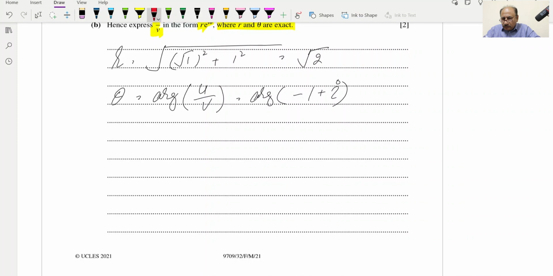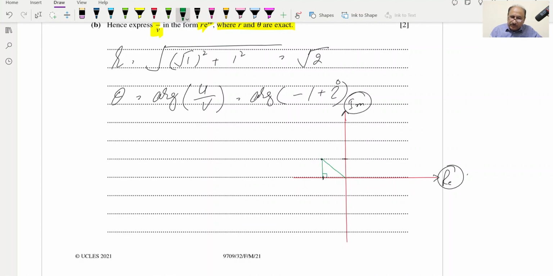If we draw this one, we can draw like this. So this side is the real axis, and this is the imaginary axis, and we can take like 1 unit this side and 1 unit this side, and this will be minus 1, and plus iota will be over here, and we can draw the vector like this, and our triangle will be this one.